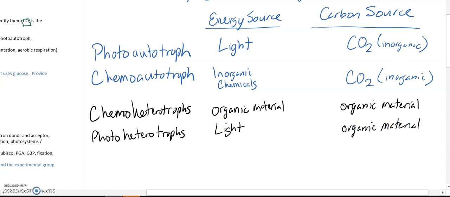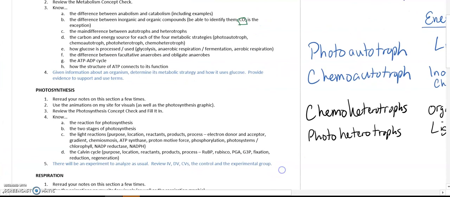Right? So I'm going to give you an example of an organism, and you have to determine its metabolic strategy and how it uses its energy. Well, it says how it uses glucose, but how it uses its energy. Right.